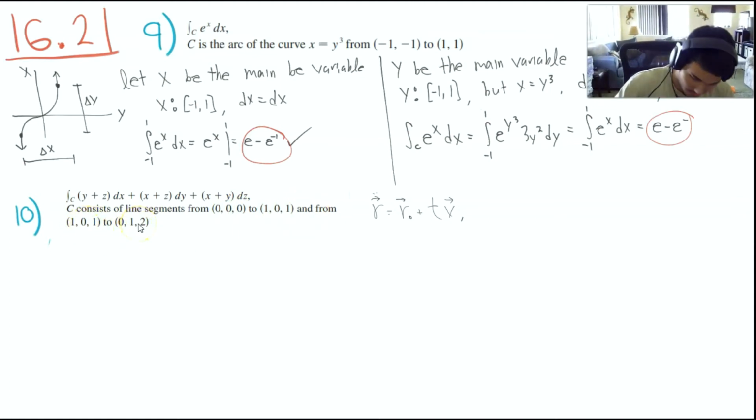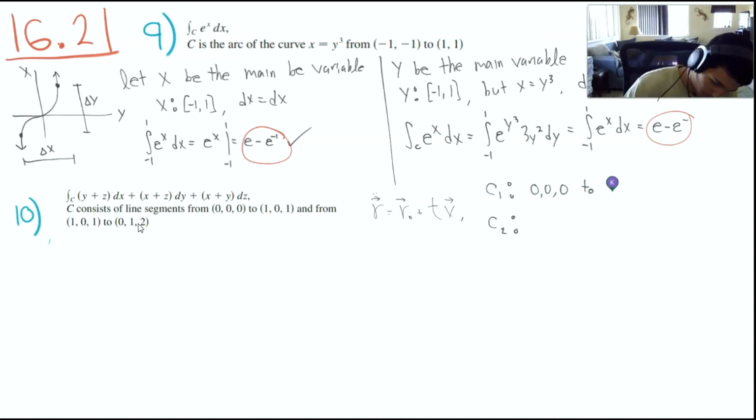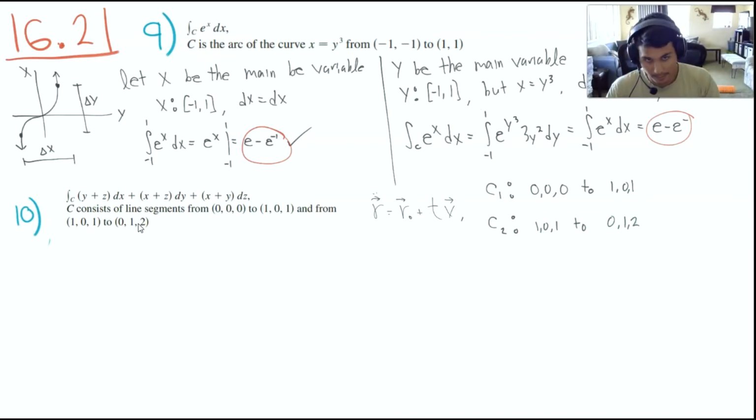So I'll write C1, C2: C1 goes from 0, 0, 0 to 1, 0, 1. C2 goes from 1, 0, 1 to 0, 1, 2. Now you'll see why that's important in a second.